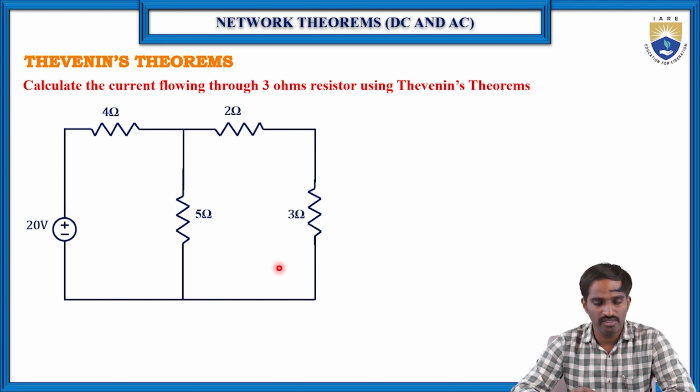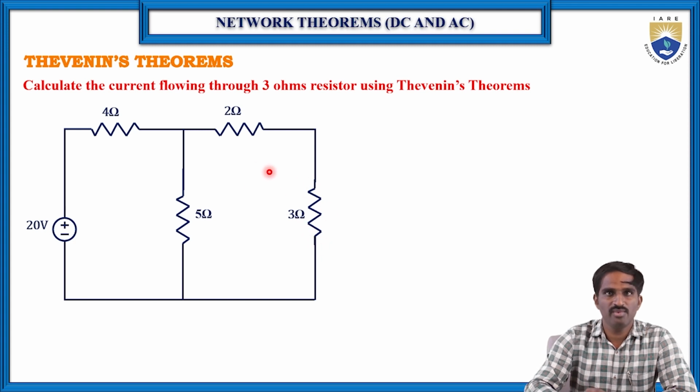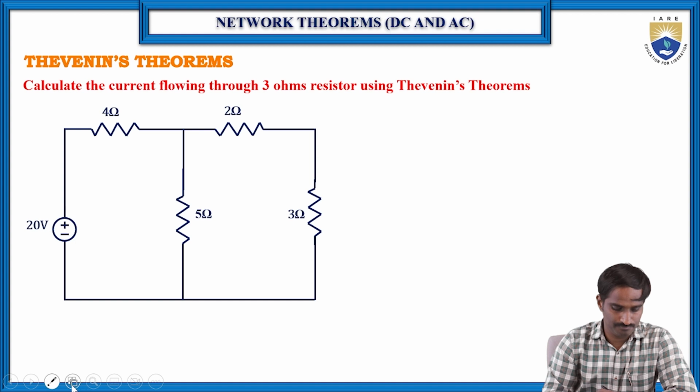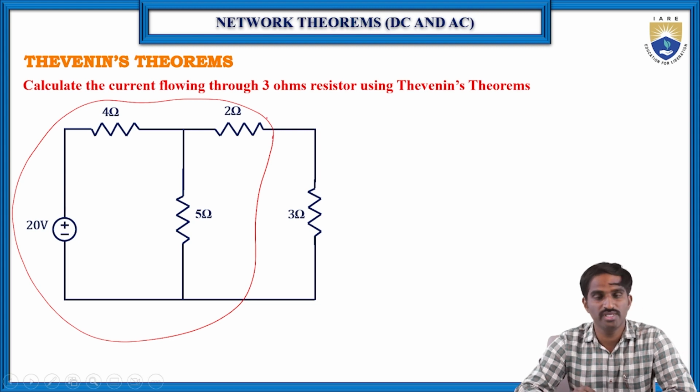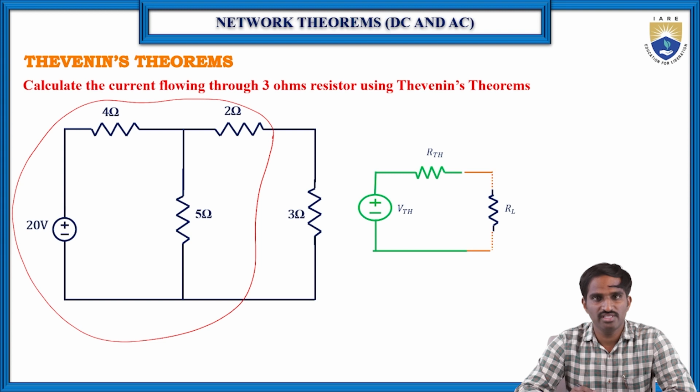So here we have to find the current flowing through this 3 ohms resistor by using Thevenin's theorem. According to the definition, let us consider this is the RL, the load resistance, and the remaining part should be replaced with a series combination of V Thevenin and R Thevenin.